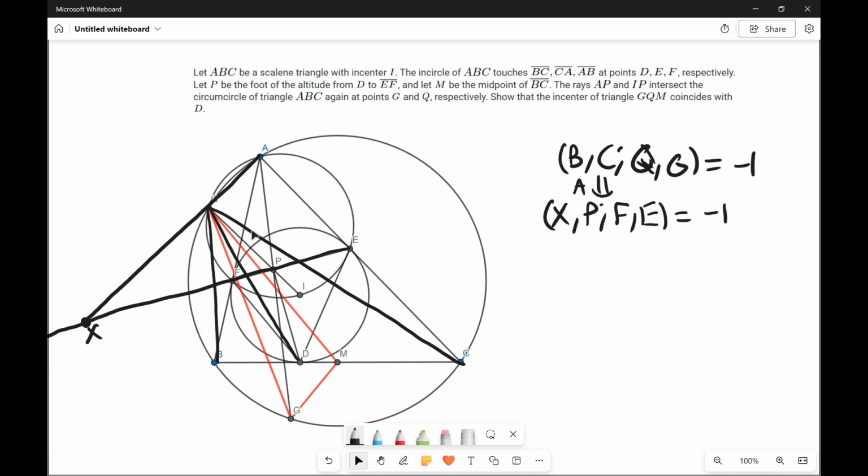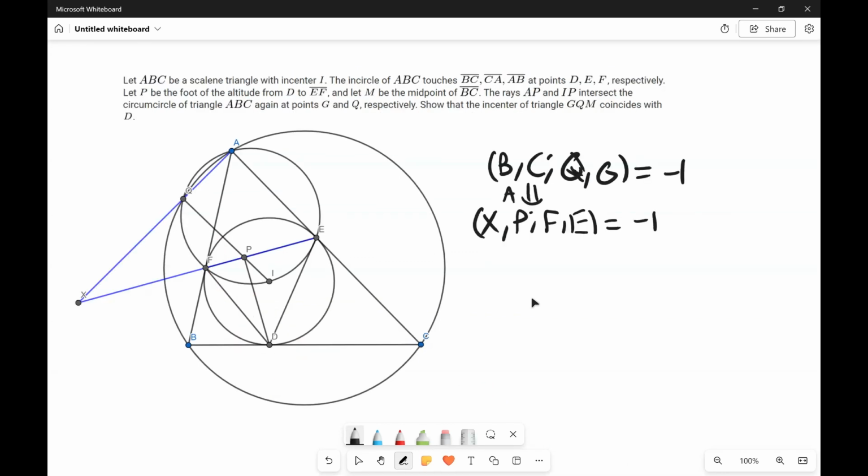And now this is where things get interesting, because we now have this line AQ intersects at X, and we want to show a harmonic bundle is true. And this means that we can just get rid of a whole lot of points. Now I've cleaned up our diagram here, so it suffices to show that this cross ratio here is -1.